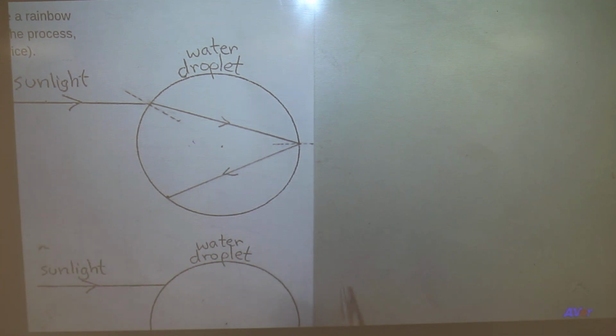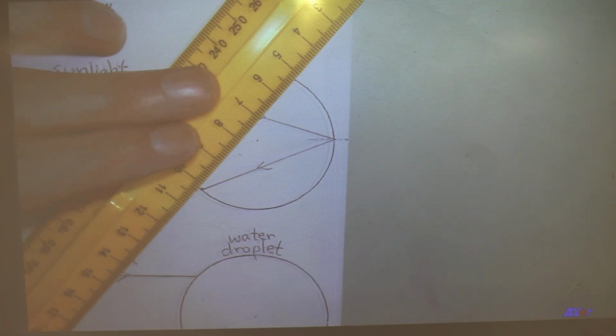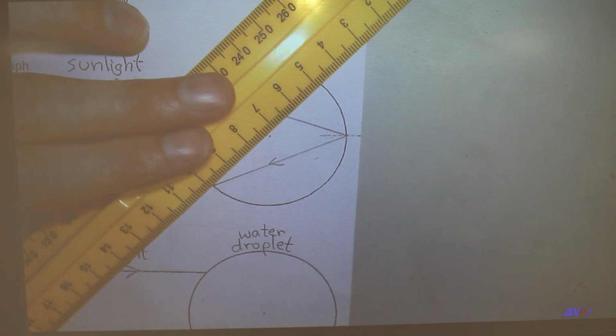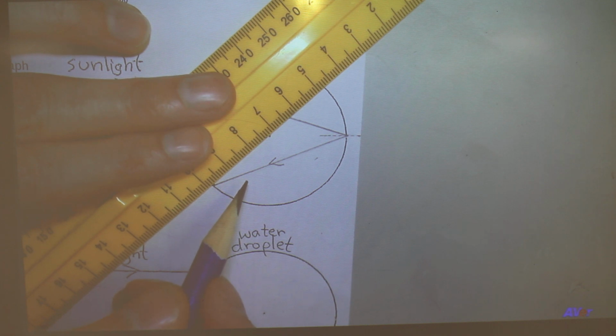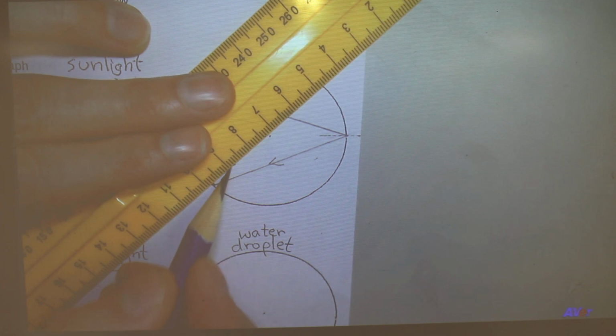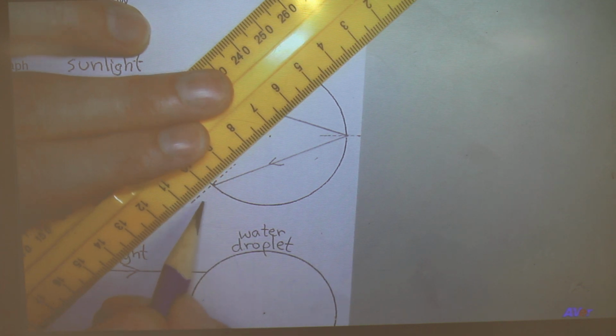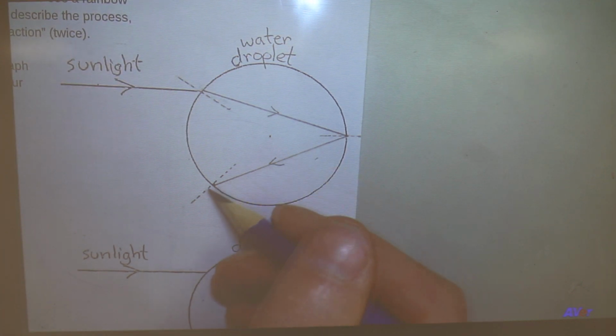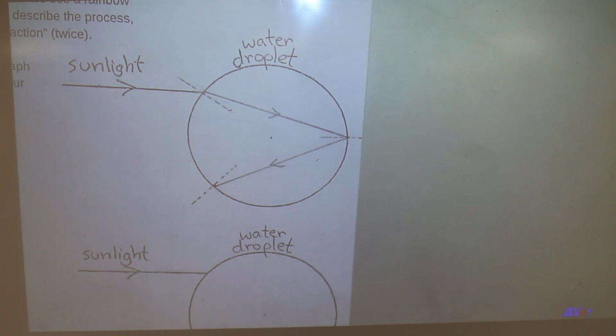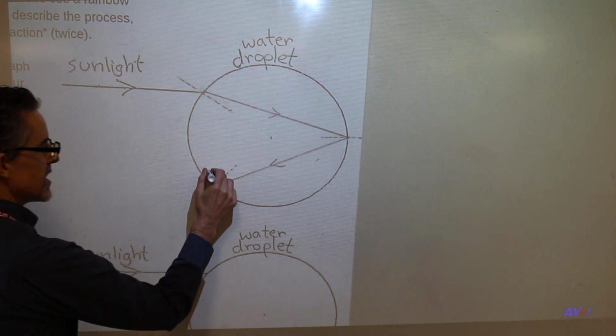Okay, then we have another surface where the ray of light is hitting it, so we draw another normal, always aimed at the center to make sure the normal is perpendicular to the surface. I'll repeat a lot of things, such as aim the normal at the center to make sure it's perpendicular to the surface.